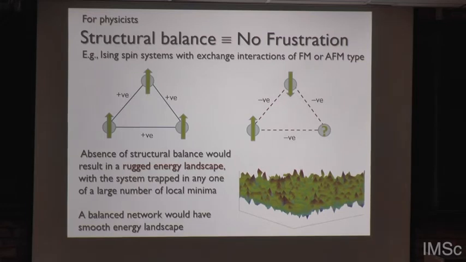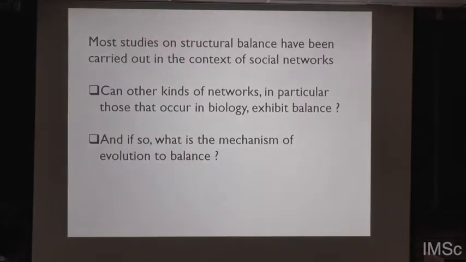If on the other hand you had a situation like this, where there was no frustration, your energy landscape will just have a single minima, in which case a local gradient descent like algorithm would work perfectly. So you just keep finding the solution which will give you locally the best possible solution, and you would eventually reach the global optima. Okay? So it's the occurrence of frustration in the network corresponding to such computationally hard problems which essentially makes them computationally hard.